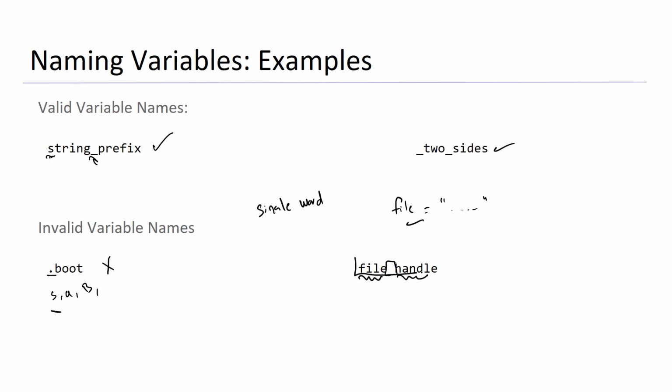But both together as a single variable name, so I cannot say file handle equal something. This is invalid. And if you have two words and you want to join them together, you can just use an underscore, and that would be a perfectly valid variable name.